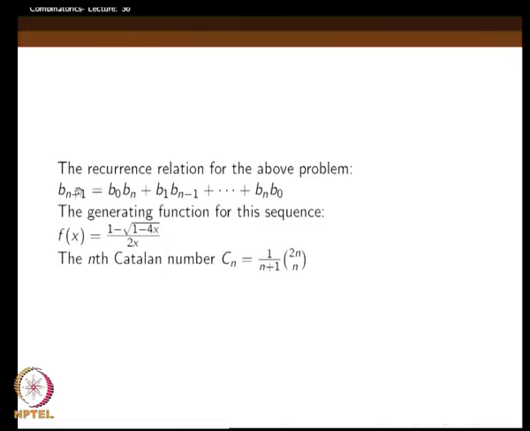We will discuss it a little later. So that is why it is called the Catalan number.